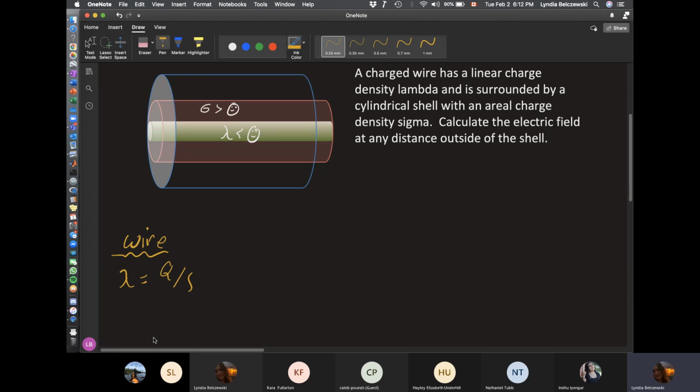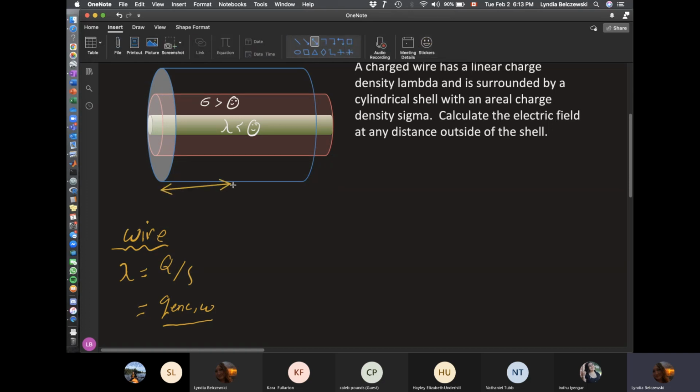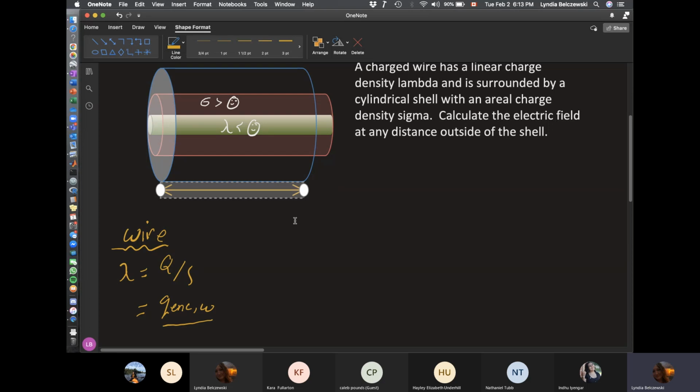So lambda is specifically equal to the enclosed charge, with a subscript W, just meaning the enclosed charge of the wire, divided by the length that it's enclosing. And that is just this length, and I'll draw it out properly here. This length of the Gaussian surface.